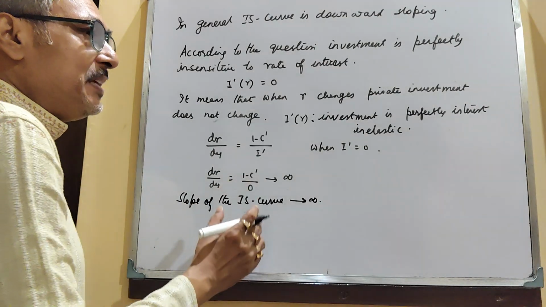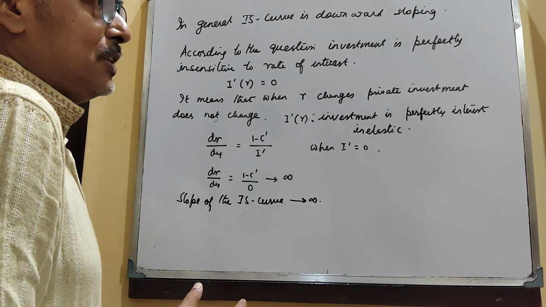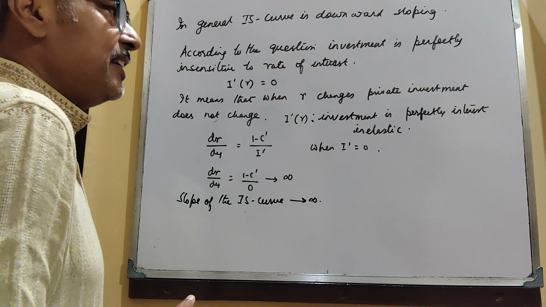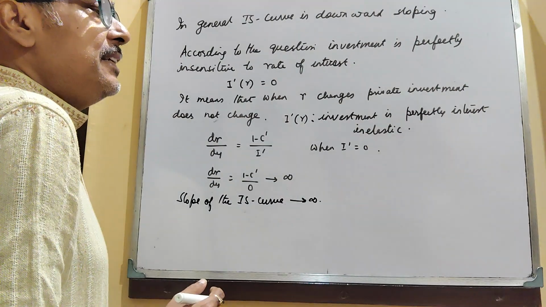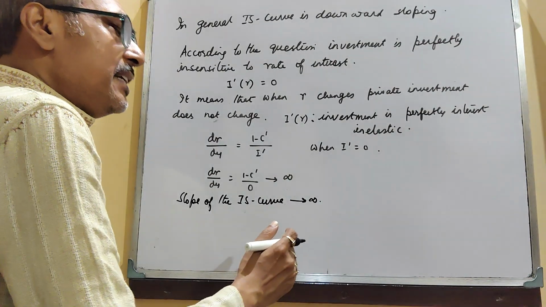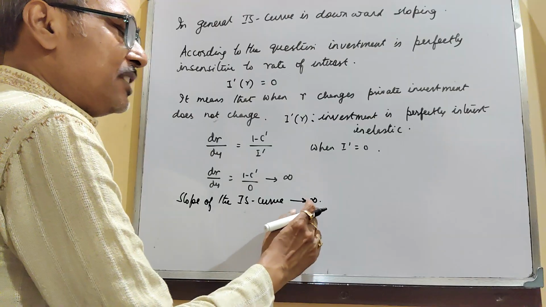We know the slope is denoted by tan theta, and when theta equals 90 degrees, then tan theta tends to infinity.